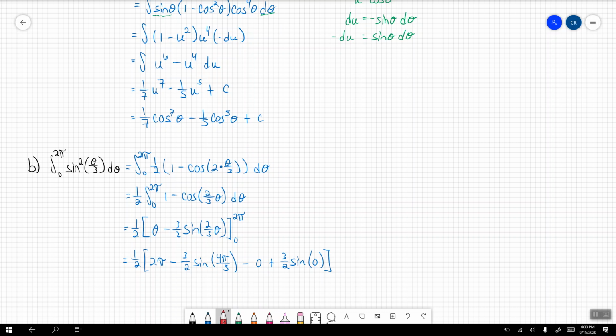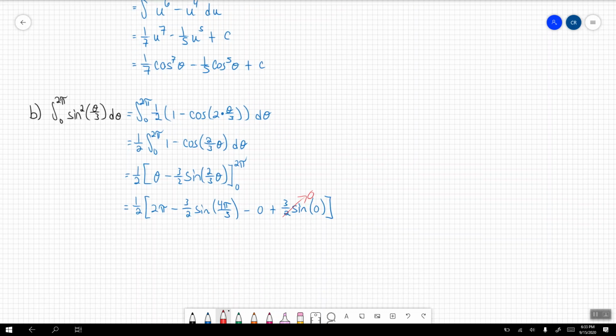Okay, that's nice because this last portion just goes away because sine at 0 is just 0, which means we're only left with these initial values. So as we go through and distribute the half, this will now just get us pi minus 1/2 times negative 3/2, that's going to be negative 3/4, multiplied by sine of 4 pi thirds.